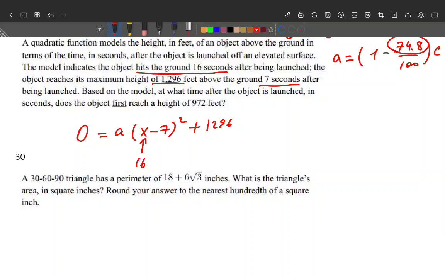If you find from here a multiplied by 9 squared is equal to this number, a is negative 16. Negative 16 x.